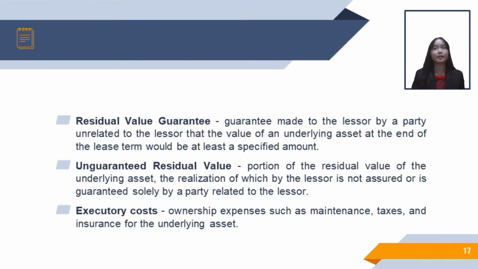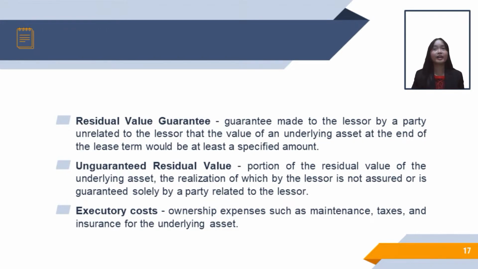For example, pinaupahan ni lessor kay lessee for 1 million pesos, isang bagay. Meron kayong usapan sa simula pa lang na ang fair value nung property na yon after lease term ay 200,000 pesos. Pag sakaling hindi 200,000 pesos yung fair value, kailangang bayaran ni lessee kay lessor yung kulang.